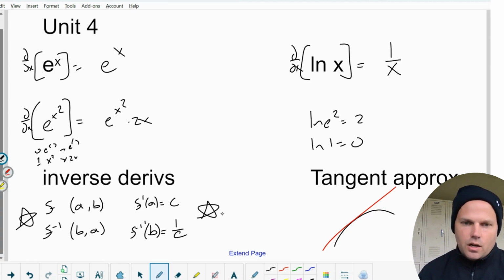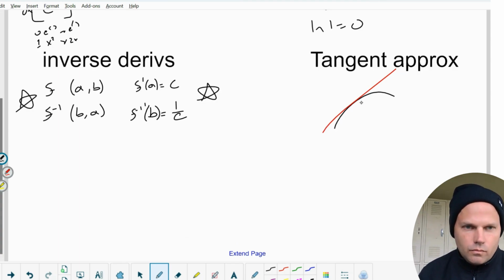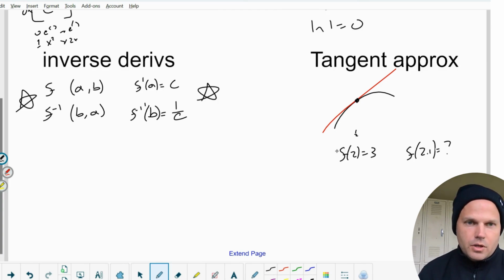Here, this is a point, f of 2 equals 3. So let's call this x equals 2. Let's say I'm trying to approximate f of 2.1. Maybe you don't know that, but maybe you know that the slope of the tangent at 2 is 4.